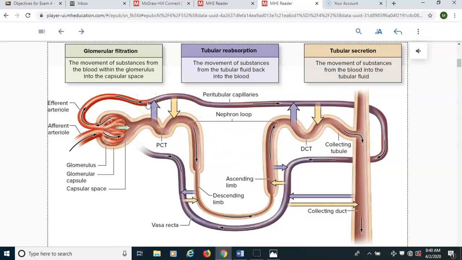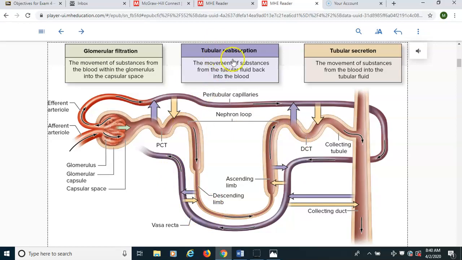Again, with the anatomy, when they did our little simple drawing of the nephron in this way, they also showed in simplified manner that those peritubular capillaries, or vasa recta, that's what this is. And you'll notice that it's called peritubular or vasa recta because it's flowing right adjacent to our tubules.